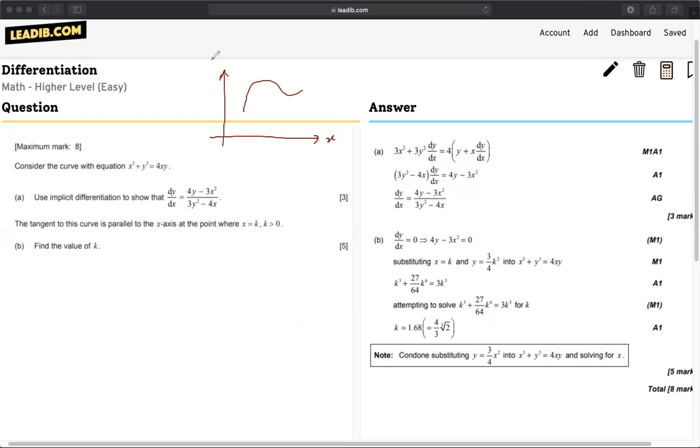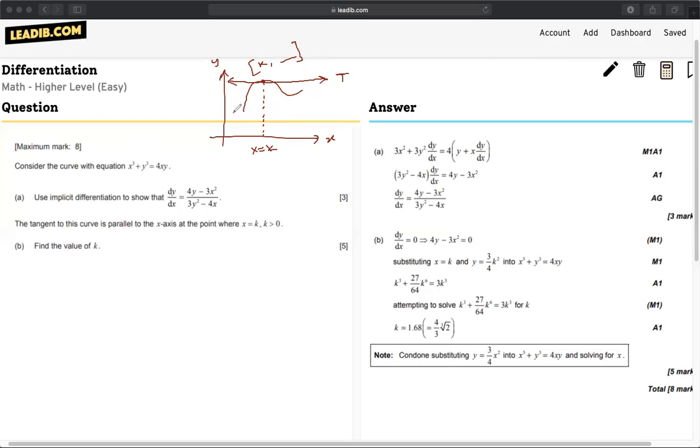These are x and y coordinates, and there is a tangent here, and this tangent is parallel to the x-axis. Also, this tangent is at the point x is equal to k. So we know that the x coordinate of this point is k. We don't know the y coordinate, but we can always find it by substituting x is equal to k here.